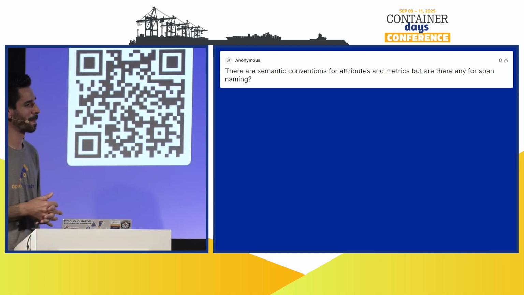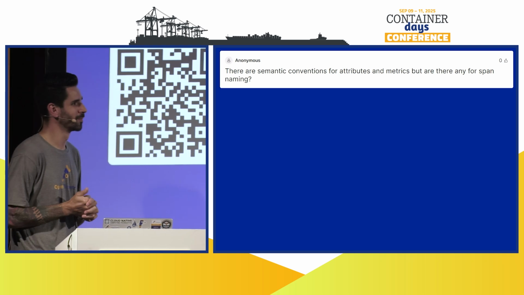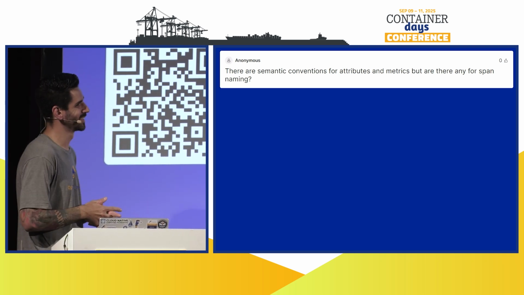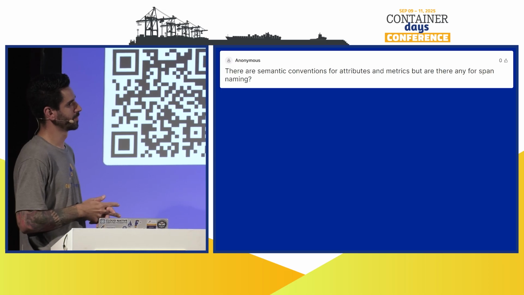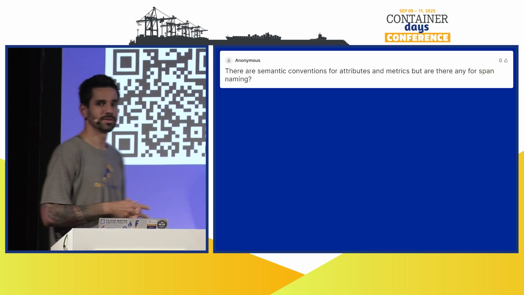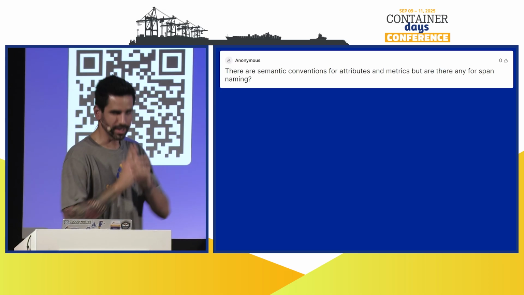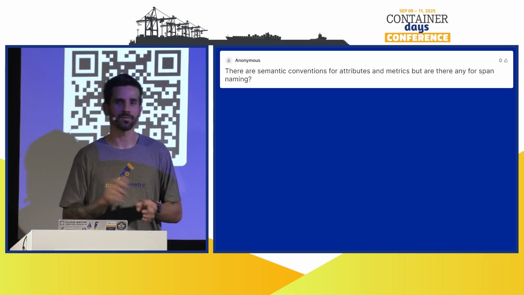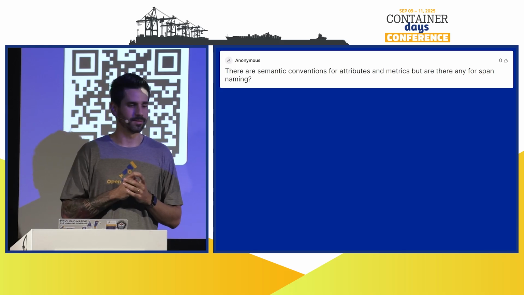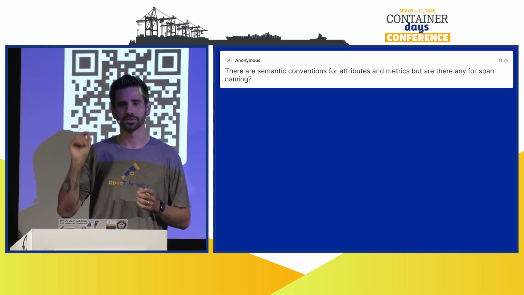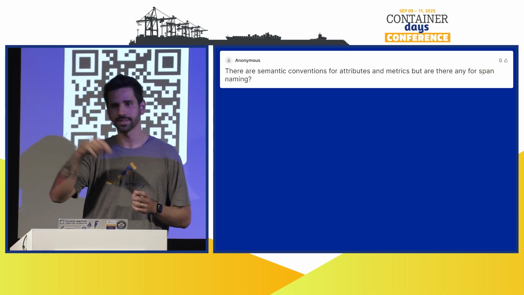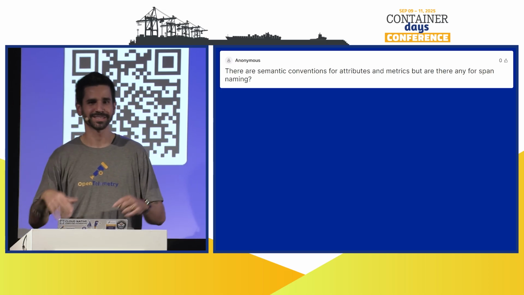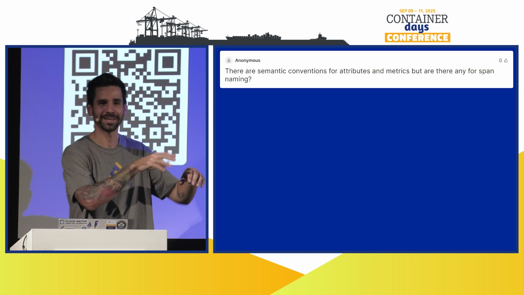Last question, because we are also kind of not out of time, but it will match perfectly well. There are semantic conventions for attributes and metrics, but are there any for span naming? For span naming, no, there are no conventions, but there are best practices. A friend of mine, Juraci, released two blog posts on OpenTelemetry.io recently. I was working on the talk and he was posting best practices and I was like, oh, come on, I need to change all my span names now.